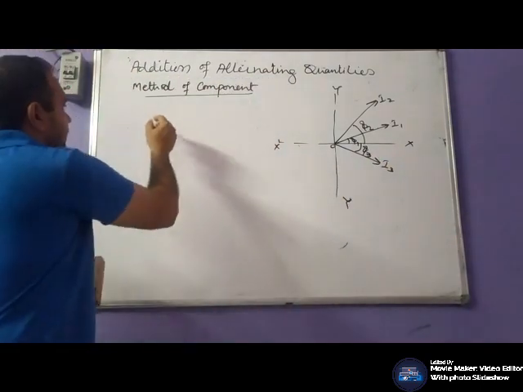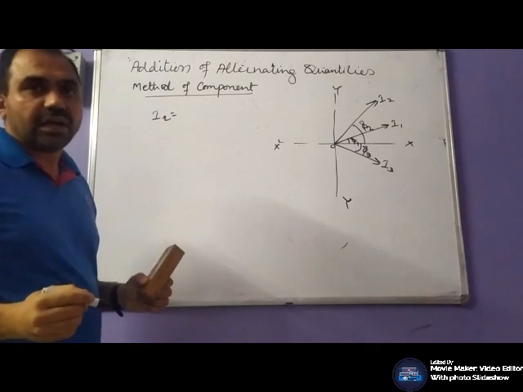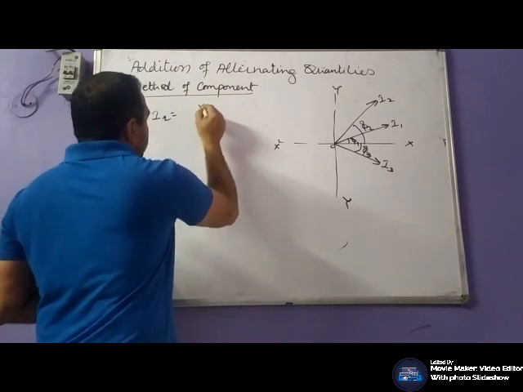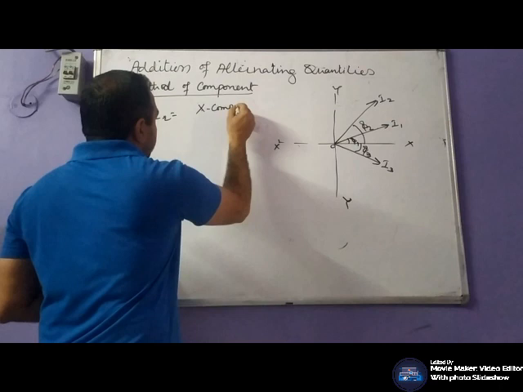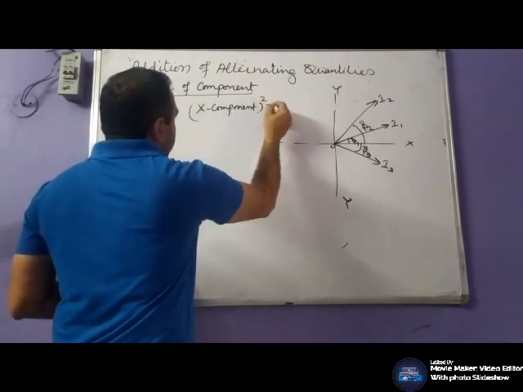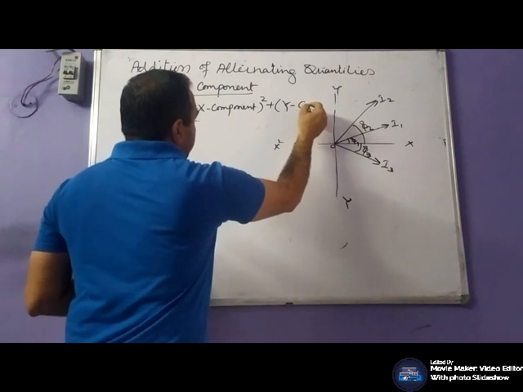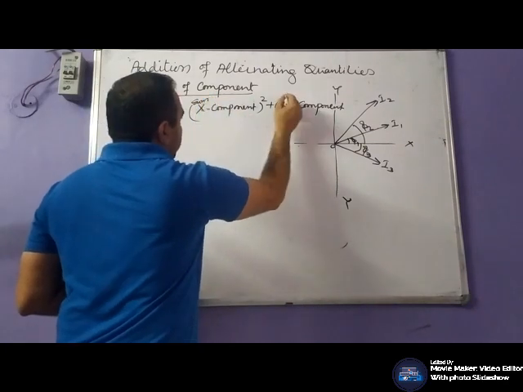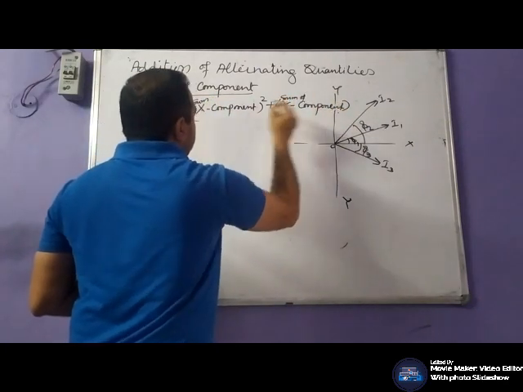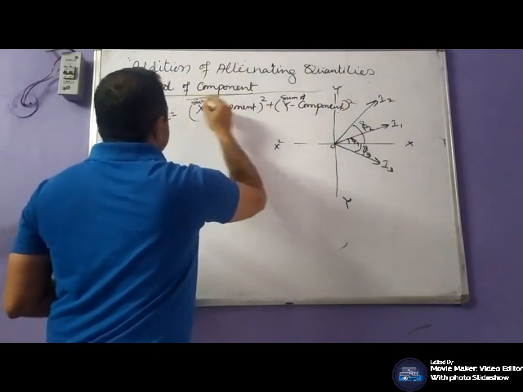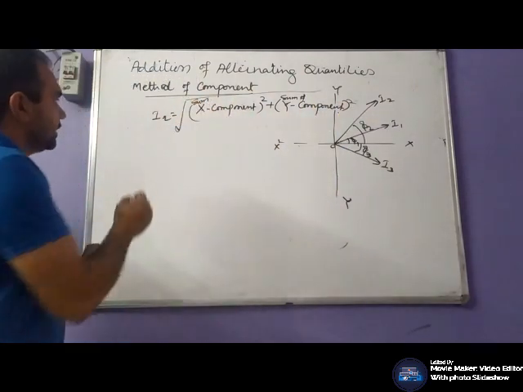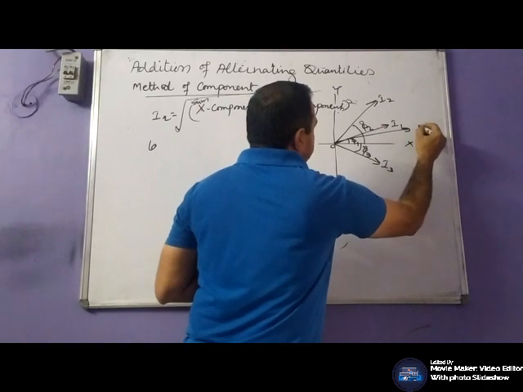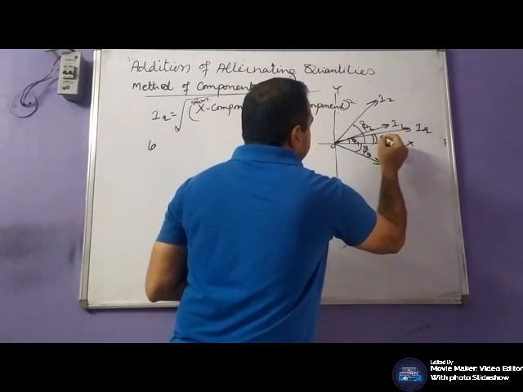So what would be the resultant? IR is the square root of the sum of horizontal components squared plus the sum of vertical components squared. And your phase angle, for example, this is the resultant and this angle is phi.